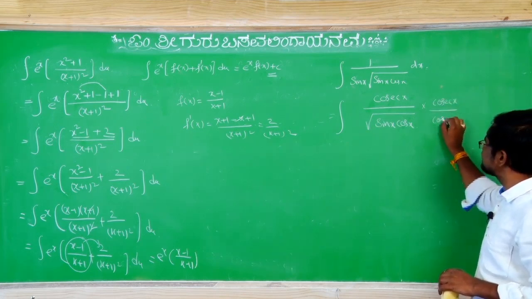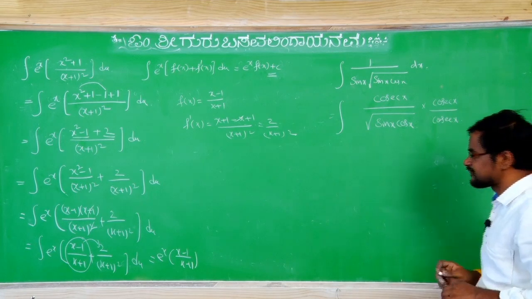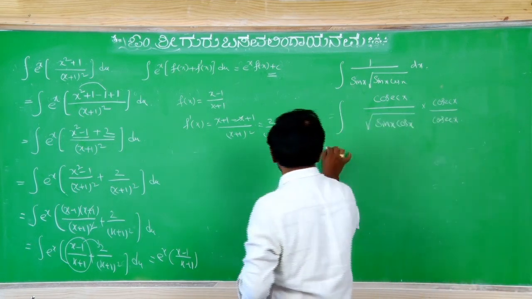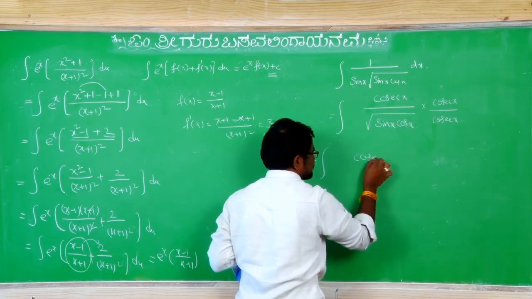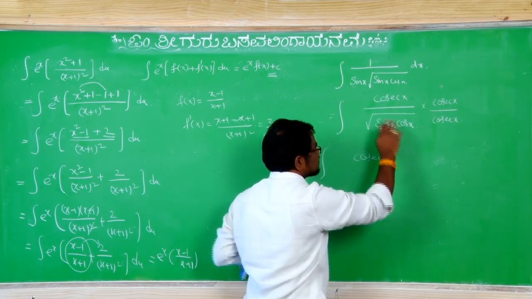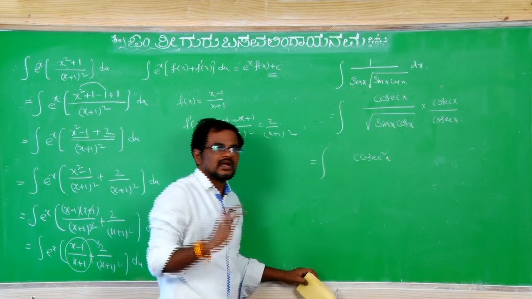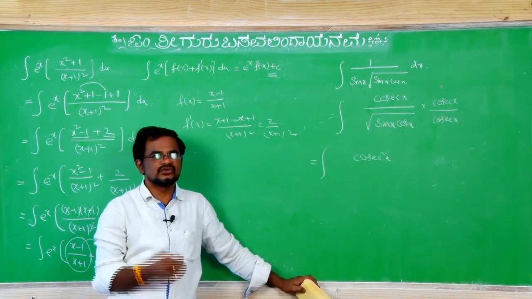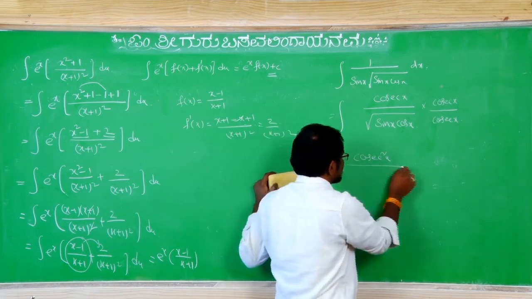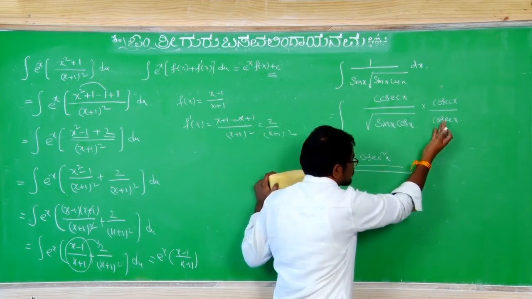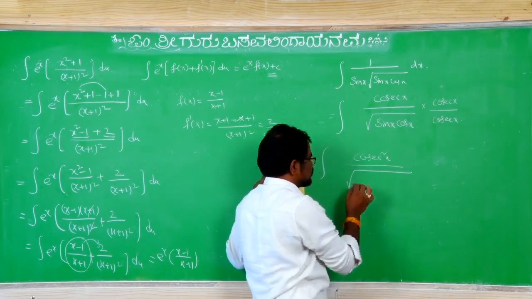So multiply and divide by cosecant x, that is equal to integration of, here what will we get? Cosecant square x. Whenever cosecant square x is there, in the remaining function cot x is there, means cot x equal to t, cosecant square x dx equal to dt. For that, take this cosecant x inside the root.